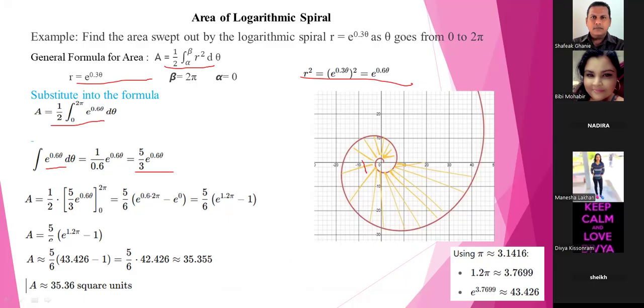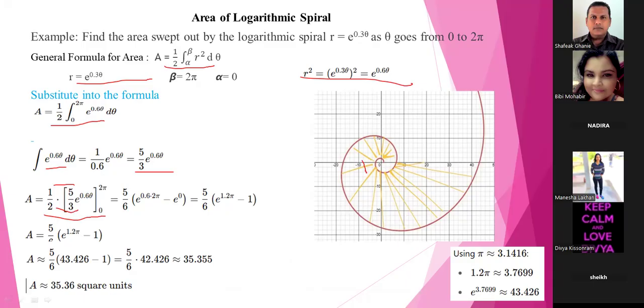Now we will evaluate the expression from theta equals 0 to theta equals 2 pi, which is here. Now we multiply. So 1 times 5 will be 5, 2 times 3 will be 6.